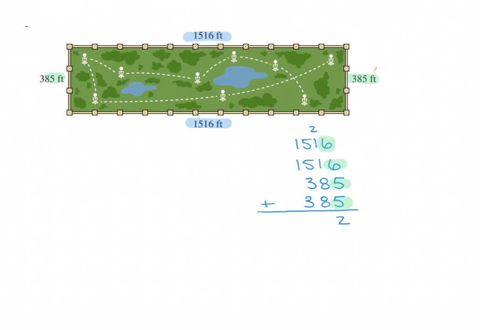Same thing for the next column. If I add, I get 2 and 8 is 10. 8 and 1 is also 10. And so when we add those together, we get 20.